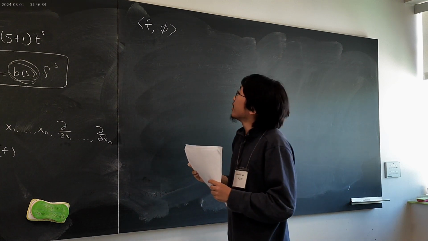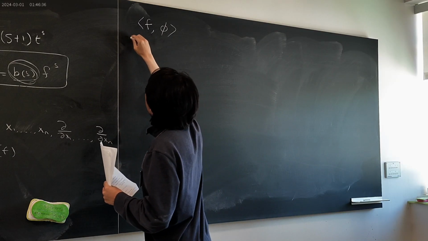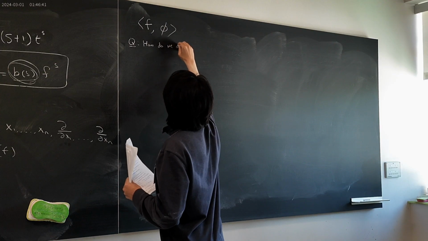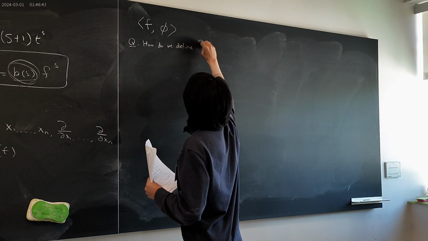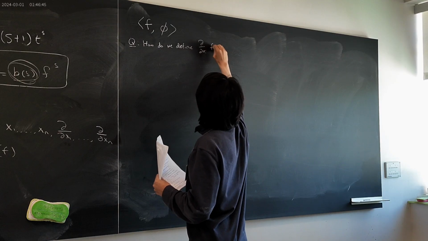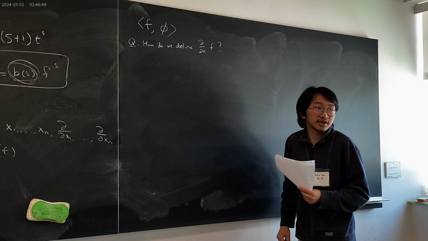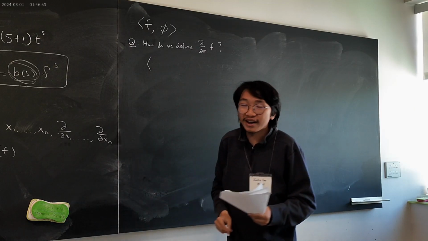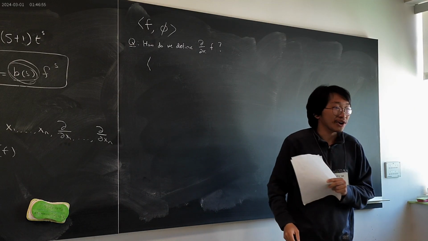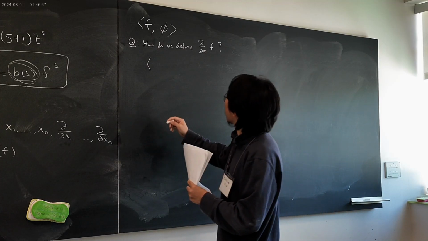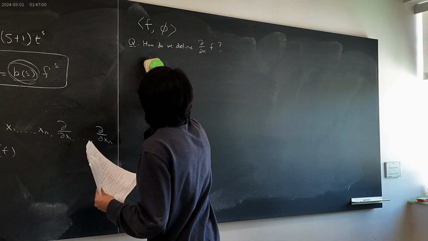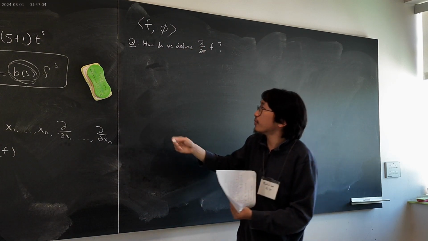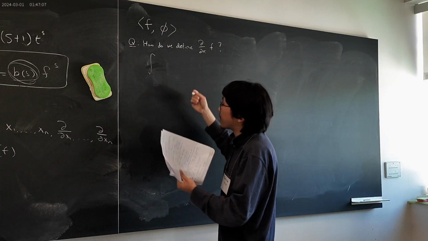Now, how do we define some partial derivative of f as a distribution? F is a distribution, its partial derivative is also a distribution. The answer is by integration by parts. The better notation is to use this inner product, but this might be a little more familiar if I write this as integrals.